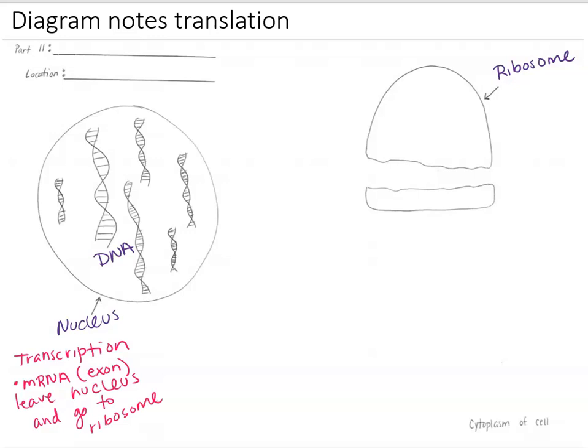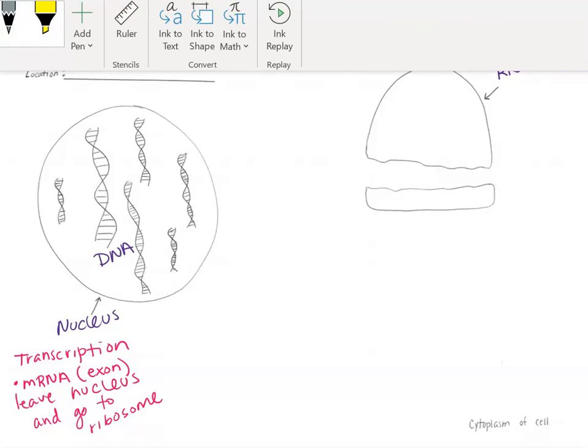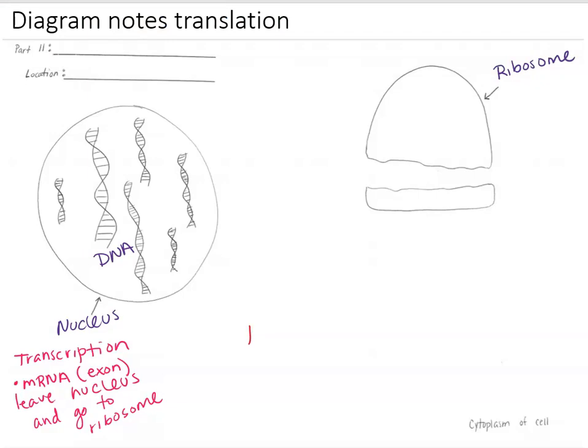And the other thing I want to draw is our tRNAs. Those are going to be in the cytoplasm, and they are free-floating in the cytoplasm until they are needed. And again, RNA is single-stranded, so our tRNAs are single-stranded. And those are just free-floating in the cytoplasm. And they transfer, they carry amino acids, but they have to know where to deliver them.